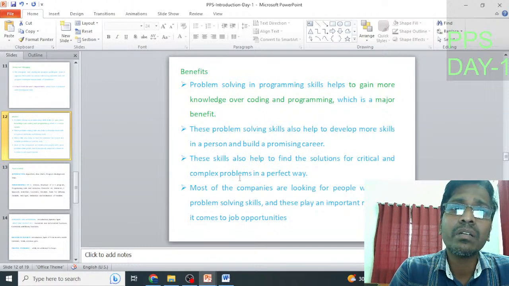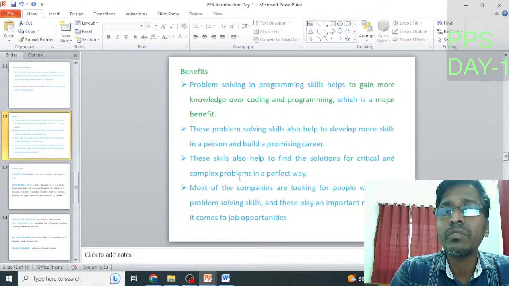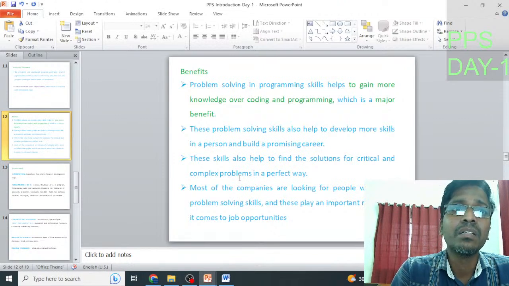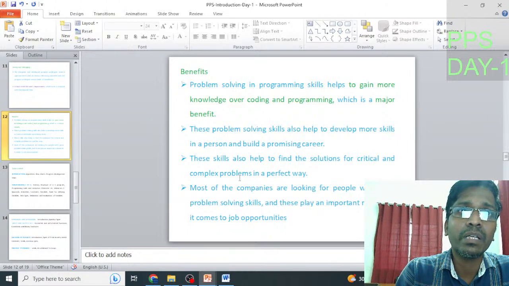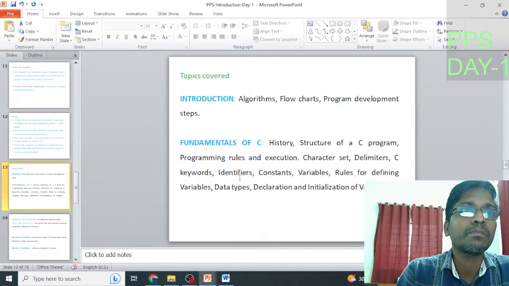The companies are hiring those people by giving a lot of packages, and they will hire that person for developing software products. So these are some of the benefits of using problem solving in programming skills.